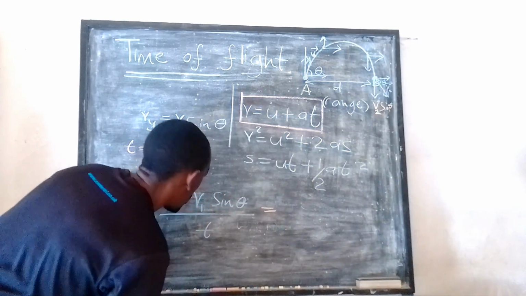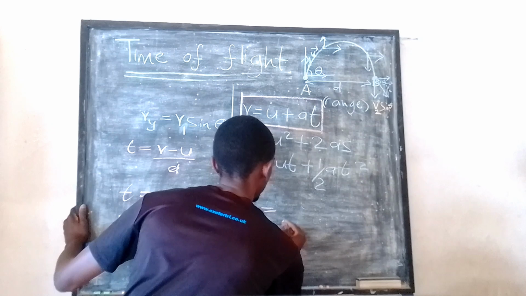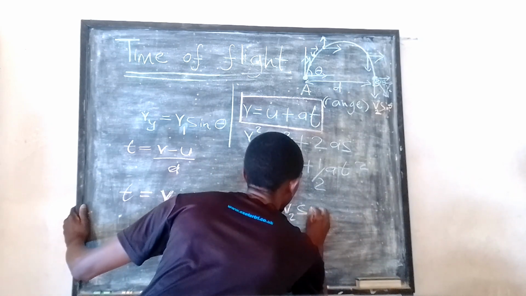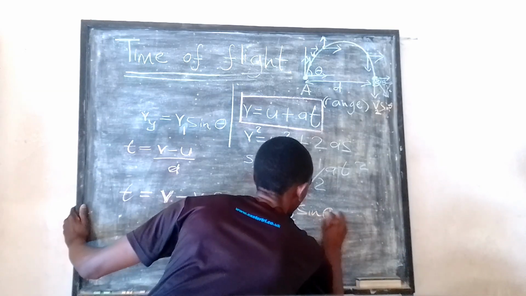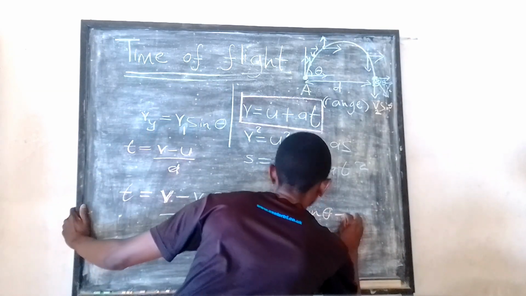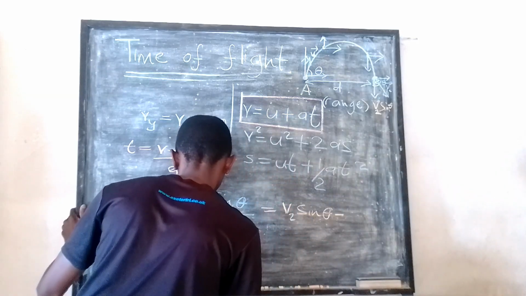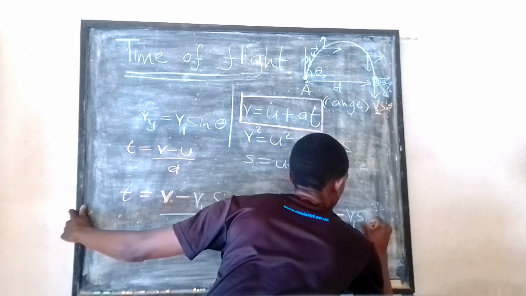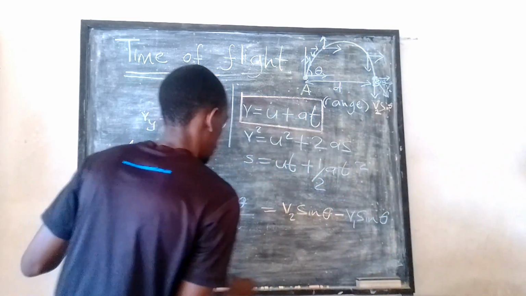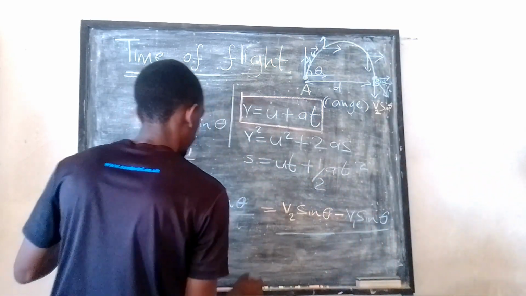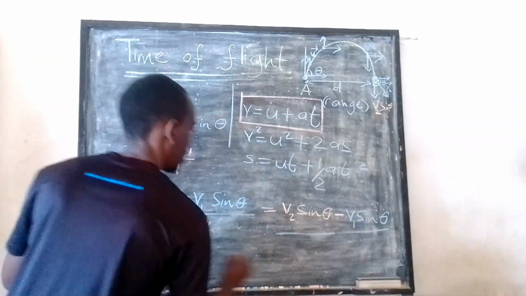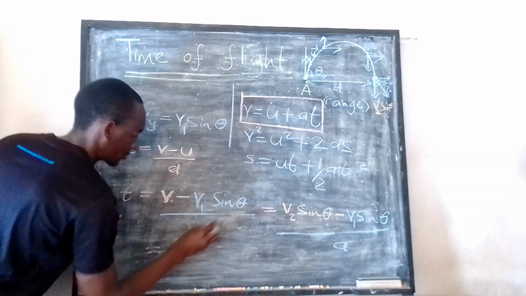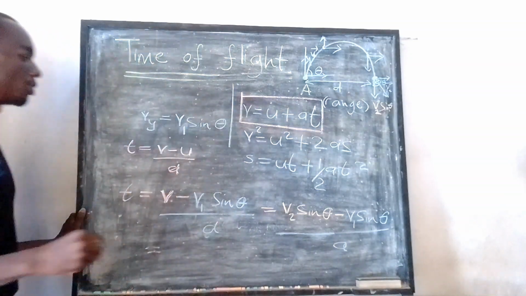T is equal to v2 sine theta minus v1 sine theta all over a. Look at this. All over a.